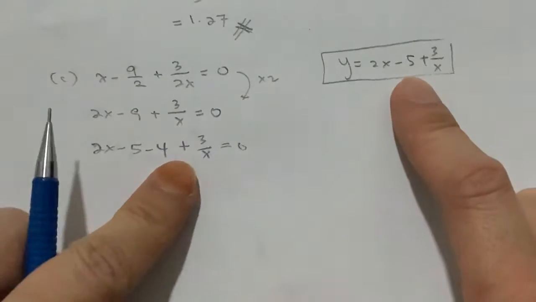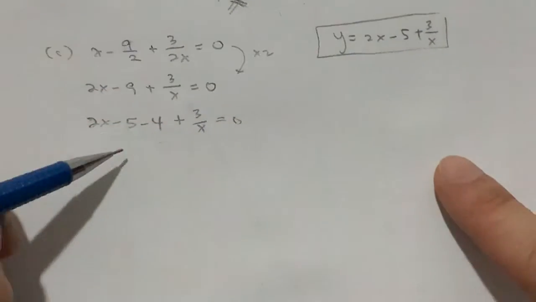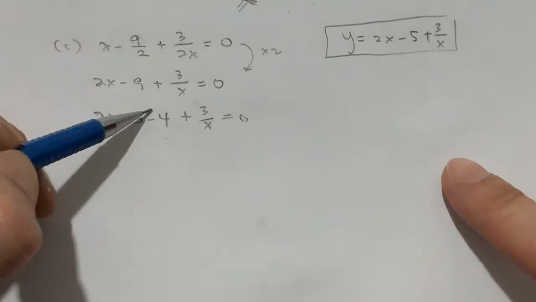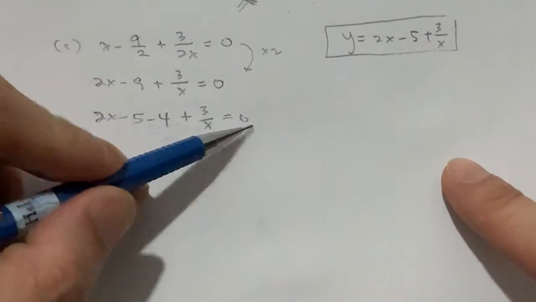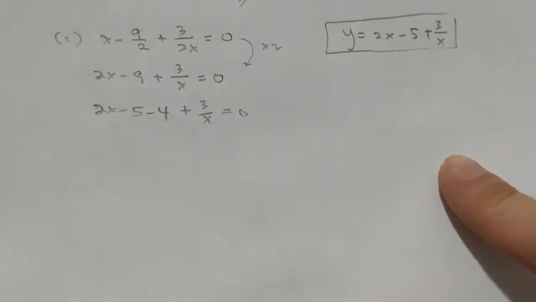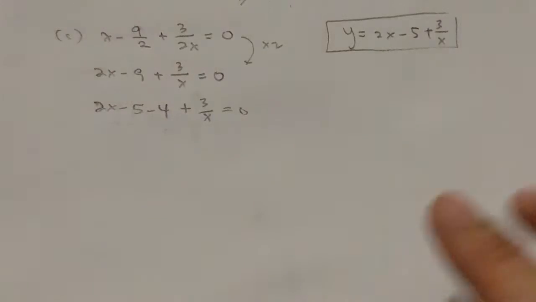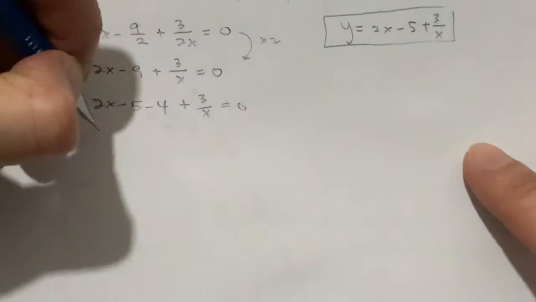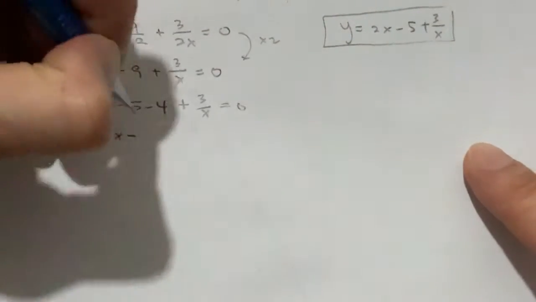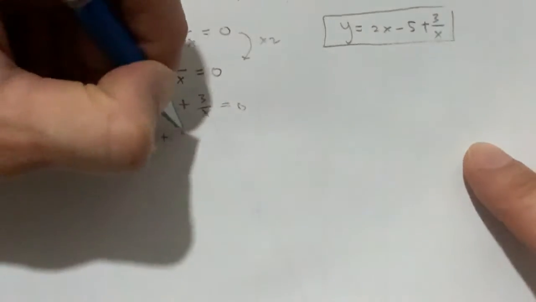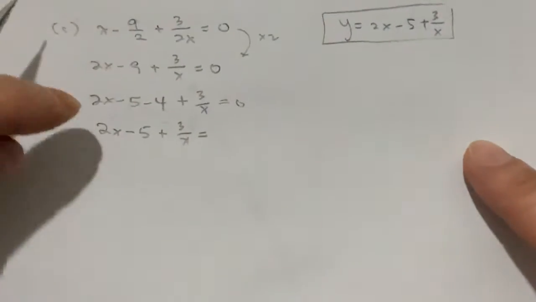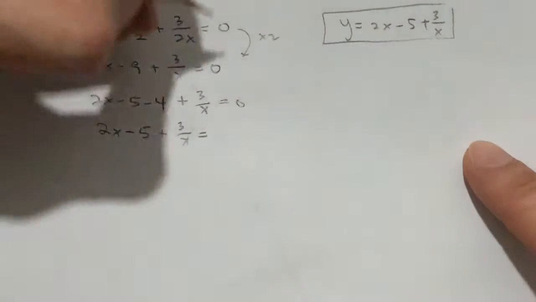I'll put the plus 3 over x, and I will move the negative 4 to the other side, so that on my left I will be having the equation of the graph. So 2x minus 5 plus 3 over x equals 4, as the 4 is moved to the other side.